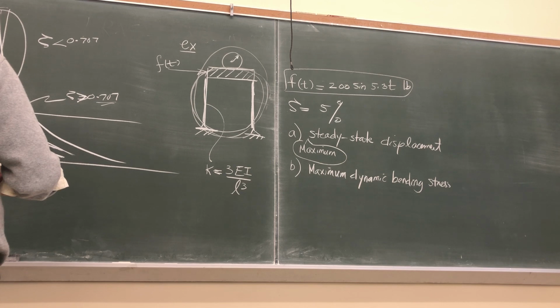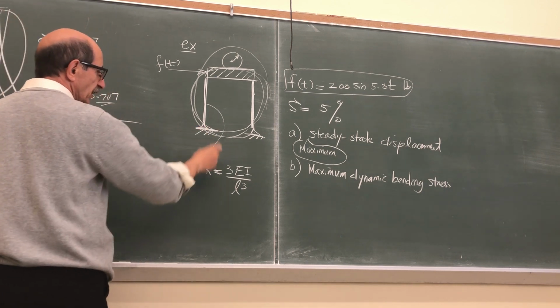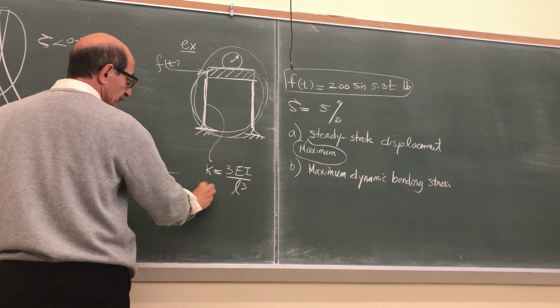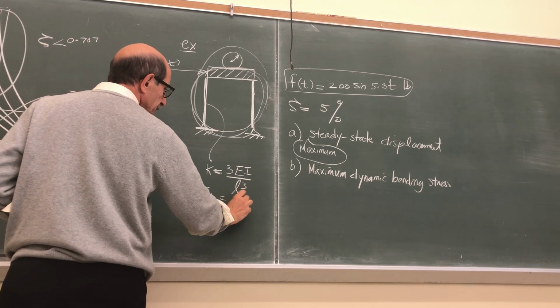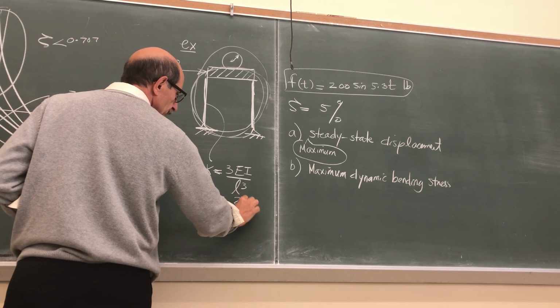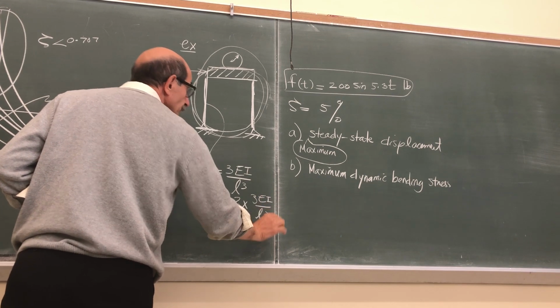So for each of these it is K, and for the total, obviously they are going to be in parallel, so the total would be 2 times 3 EI over L cubed.